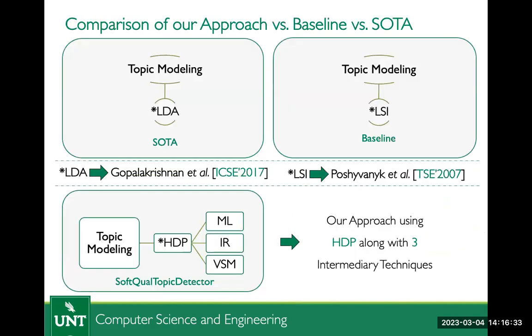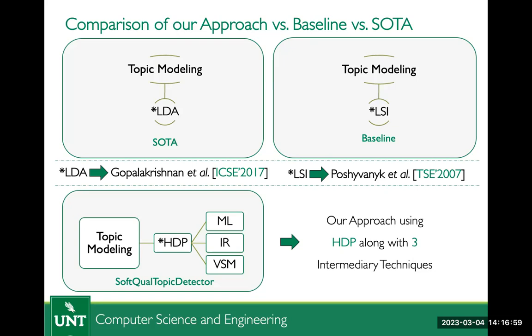So then comes a point where we actually have to compare our approach against the baseline and state of the art. The baseline that we use was the work of Pojianik, and they basically use LSI. And then the most recent work is from Gopalakrishnan, from a paper published at IEEE 2017, where they are using LDA.